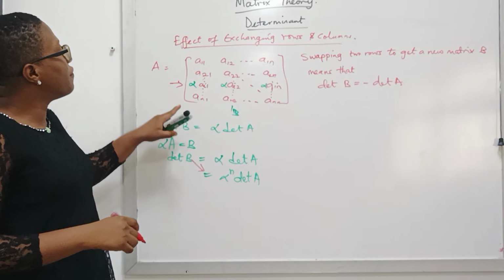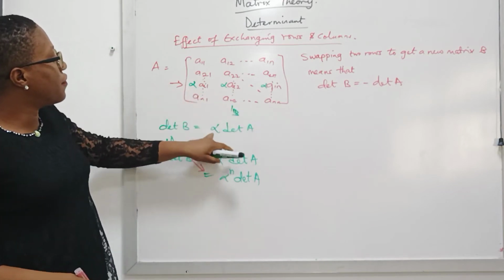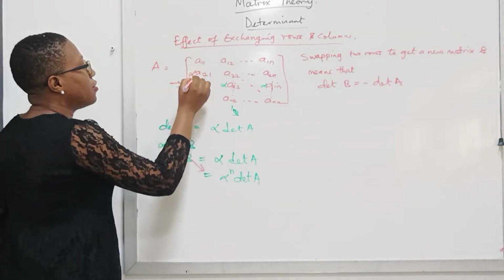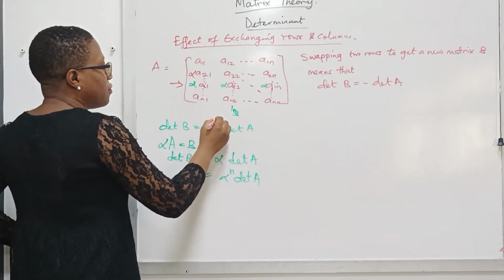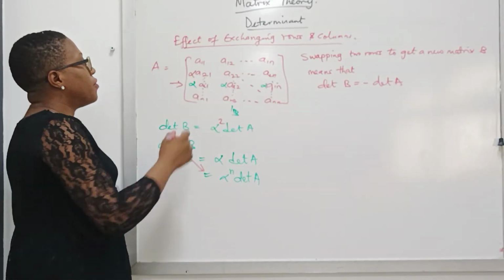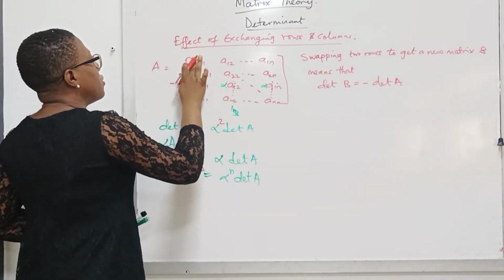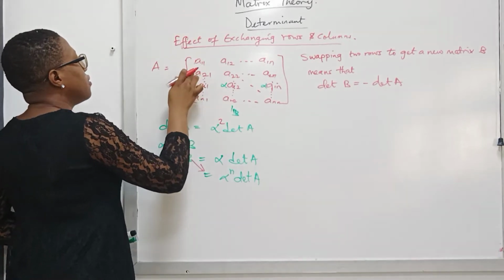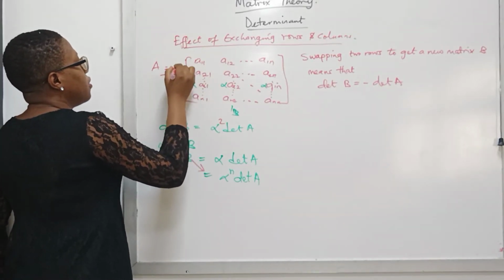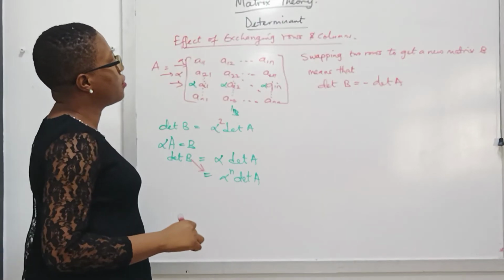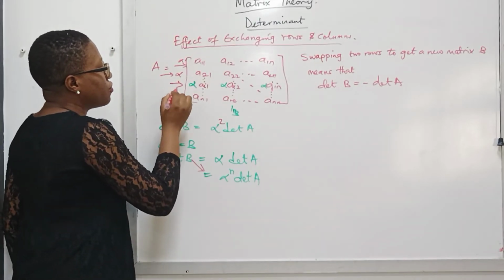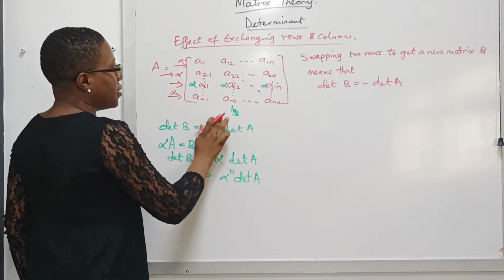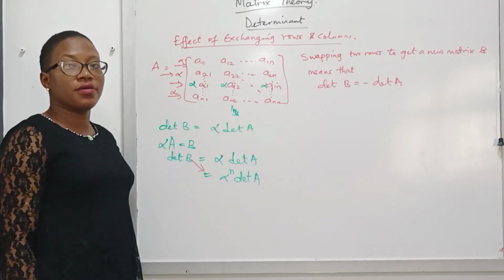If I multiply the first row by alpha, I have alpha determinant of A. If I multiply another row, I have alpha squared determinant of A. If I multiply all the n rows by alpha, then this will be alpha raised to the power n times the determinant of A. So that's how it goes.